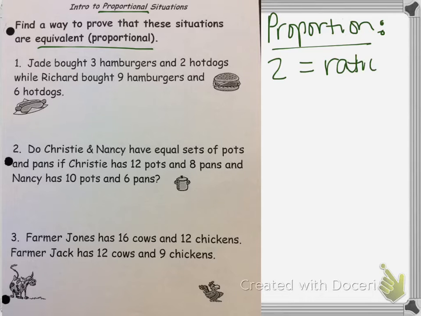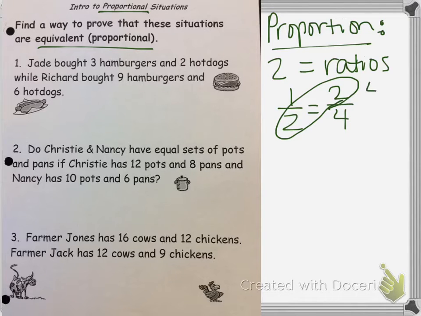All right, so for example, 1/2 is equivalent to 2/4. There are lots of ways for us to decide if two ratios are equivalent, making a proportion. One way is you can do butterfly, right? So if you multiply the diagonal numbers, if we get the same value, then yes, this is proportional.